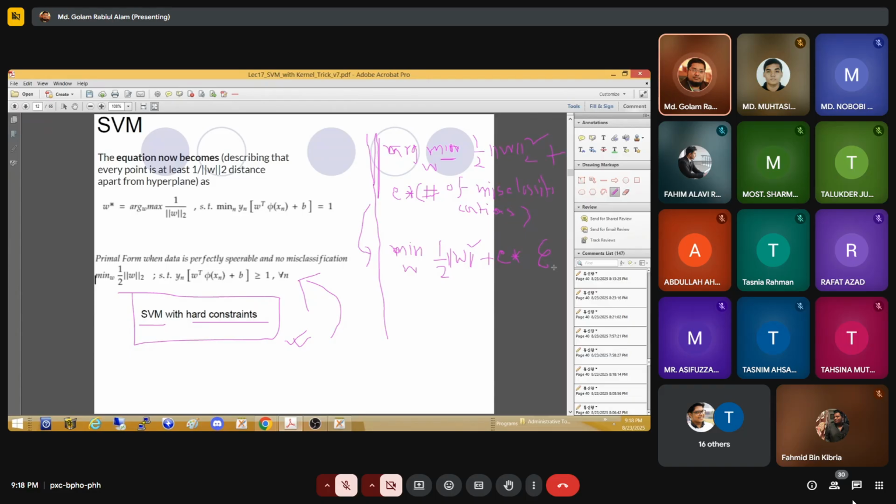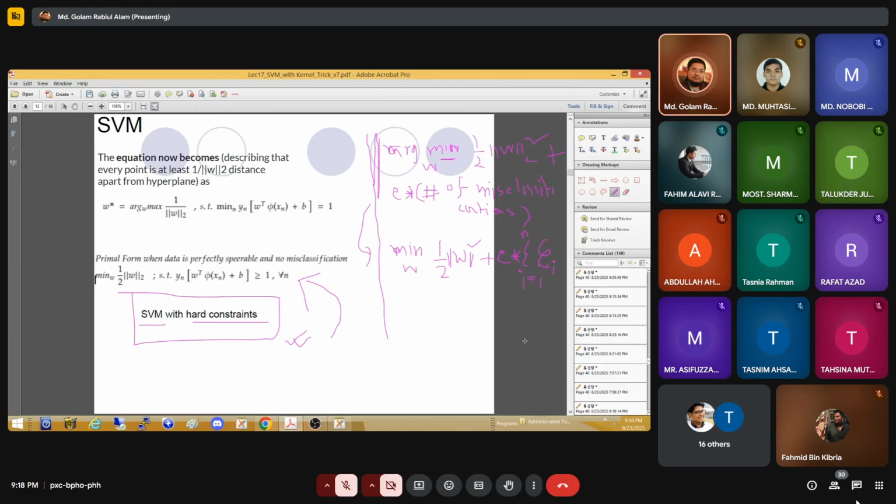The value of the slack variable is xi_i for all the data points, for i equal 1 to n.